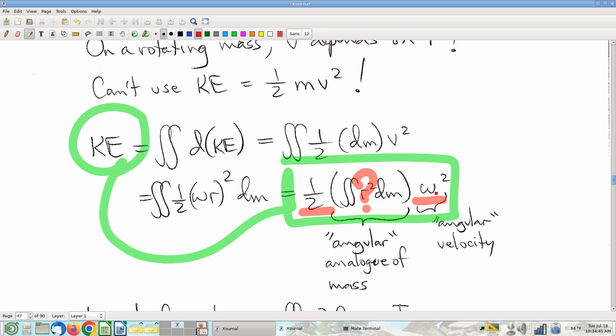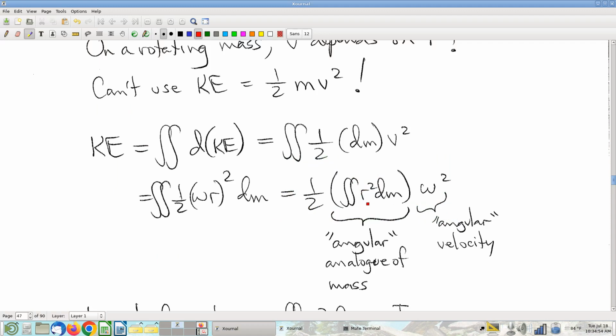It's just that now it's angular velocity instead of linear velocity. So this corresponds perfectly to that. Angular velocity is analogous to linear velocity. They're not the same, but they play analogous roles in different contexts.